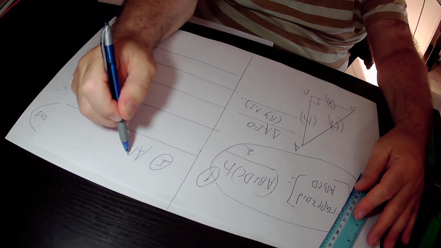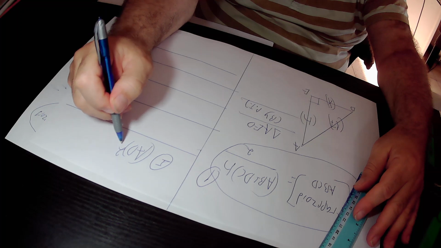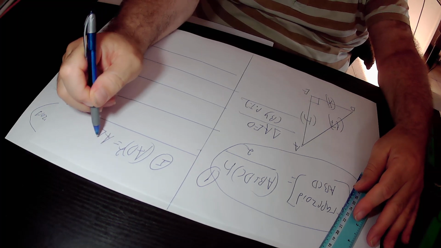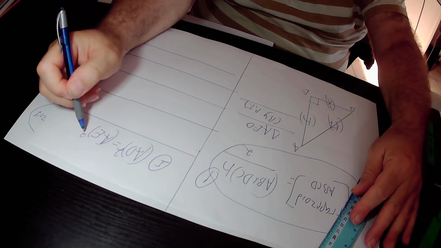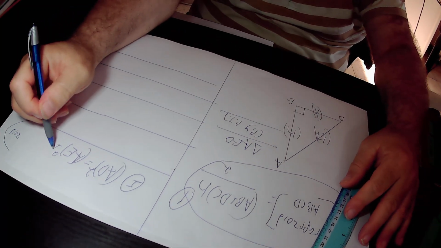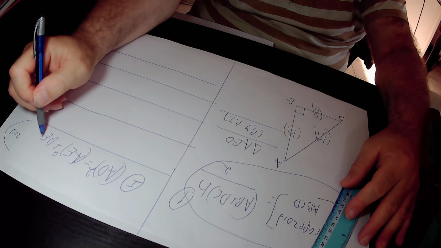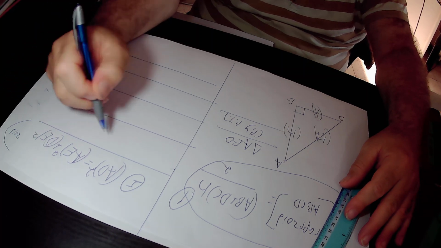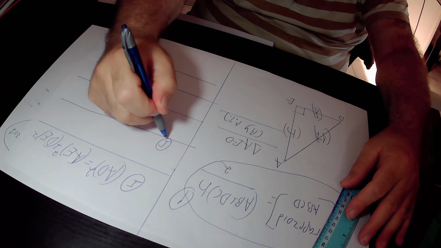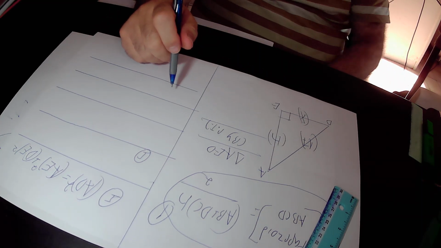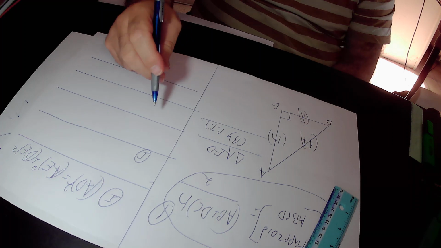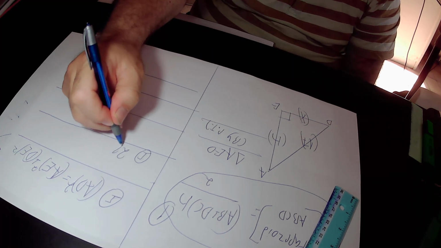AD square, that is the square of the hypotenuse, is equal to AE square plus DE square. The length of the hypotenuse AD is 17, according to what is given in the question. So AD square is 17 squared, that is 289.